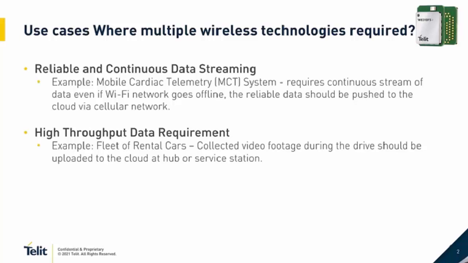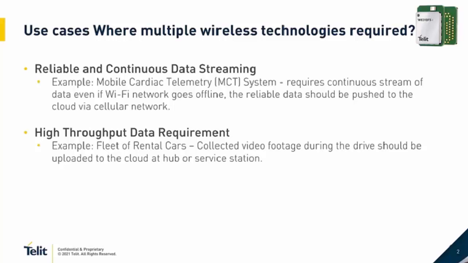One is when you have a reliable and continuous data streaming requirement. In such cases, you might need multiple wireless technologies. Let's take an example of a mobile cardiac telemetry system, which requires continuous data streaming. Even if one wireless technology goes offline, others should come in and act as a backup.